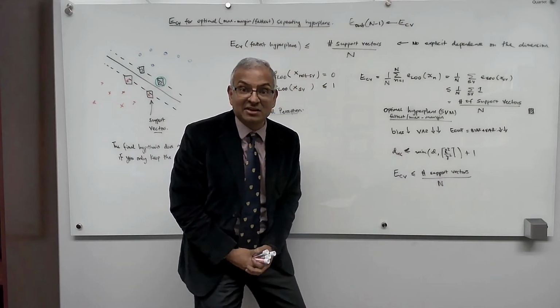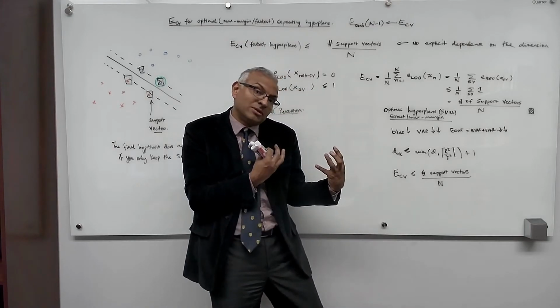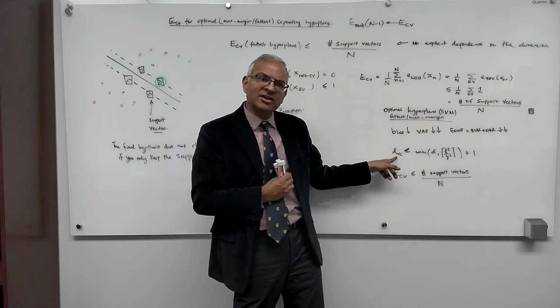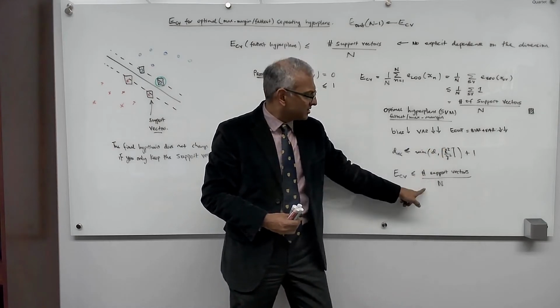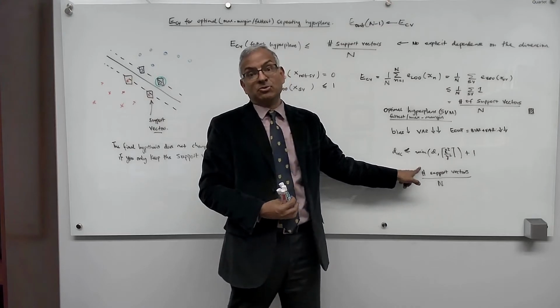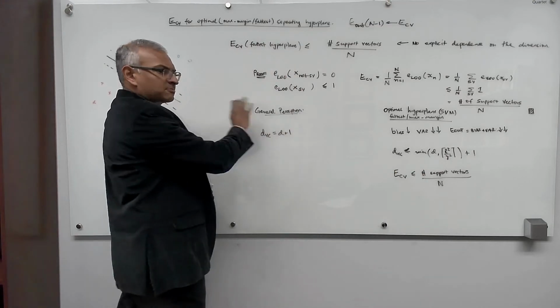So again, another fantastic result that suggests we might be able to have a control on the out of sample error, which is all we care about, even in high dimensions. This says we can go directly and control the out of sample error if the number of support vectors is bounded.